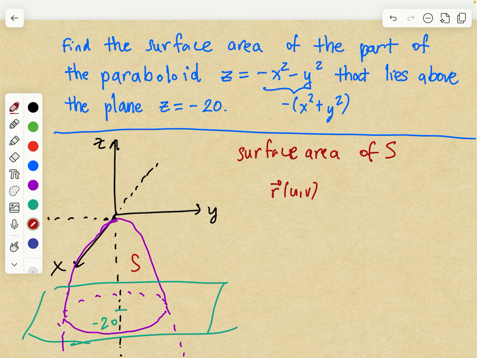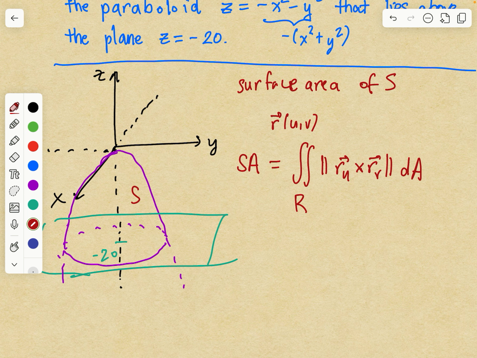And once you have that, the surface area is the integral over that region R of the magnitude of r sub u cross r sub v, with respect to area. Okay. That's the formula.